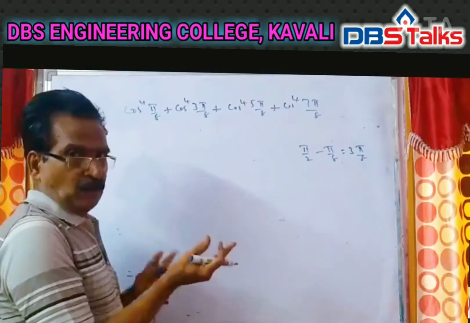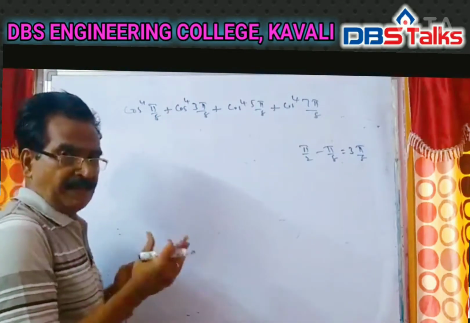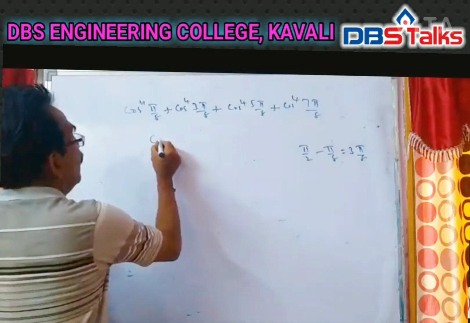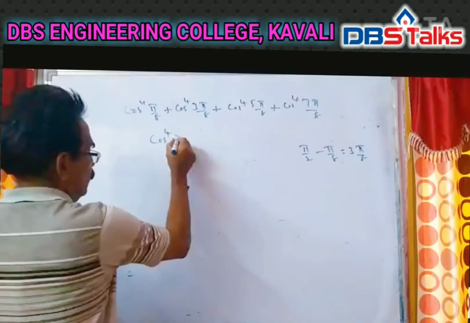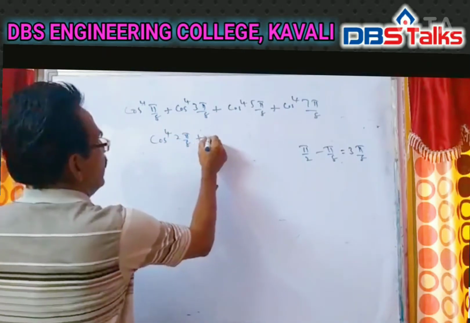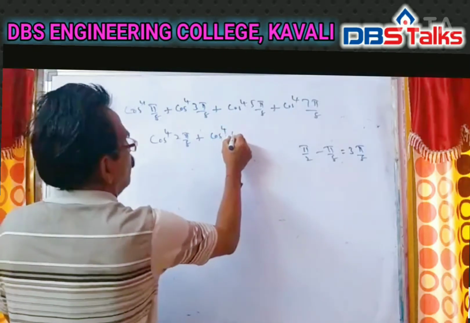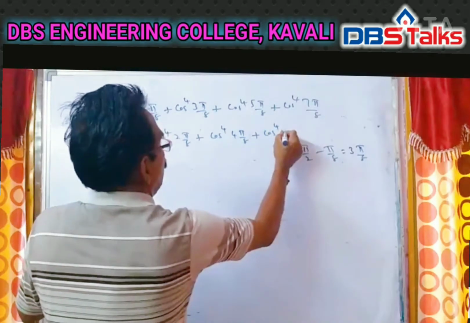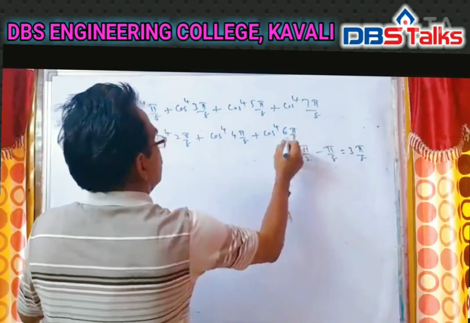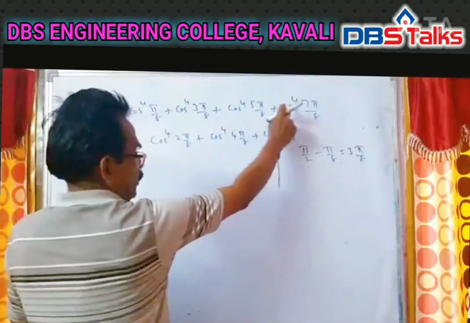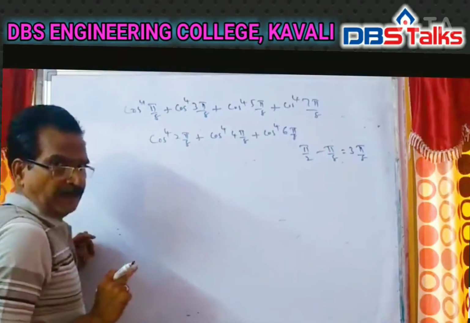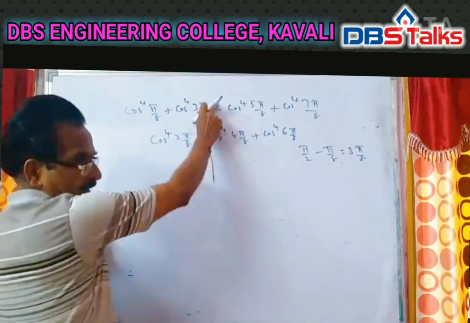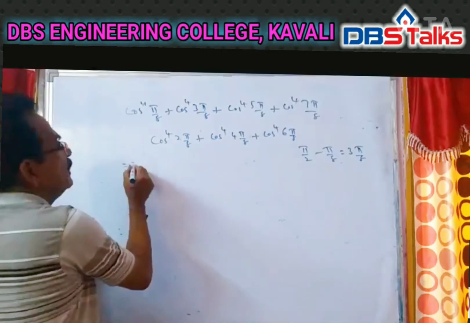If odd and even both are given, let us find the value of the evens, that is cos power 4 2 pi by 8 plus cos power 4 4 pi by 8 plus cos power 4 6 pi by 8. We know the value of the odd expression, 1.5. Let us find the value of this expression and let us add both.